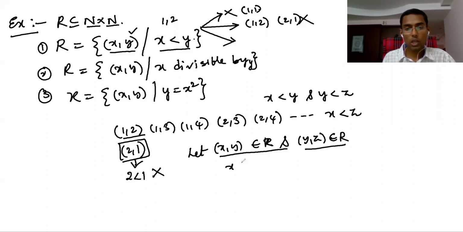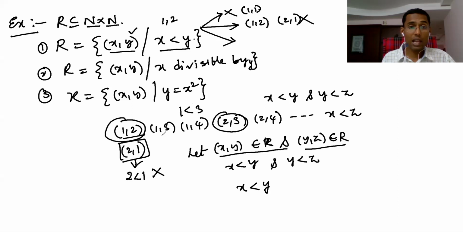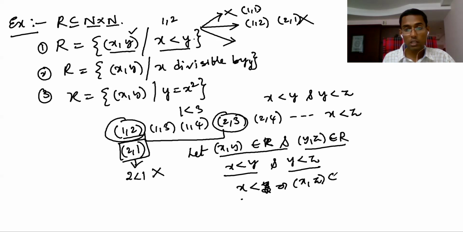If (x, y) belongs to R, x is less than y. If (y, z) belongs to R, y is less than z. That means 1 less than 2, 2 less than 3 means automatically 1 less than 3 will happen. So (x, y) is there, (y, z) is there, means x less than z, so (x, z) must be there.